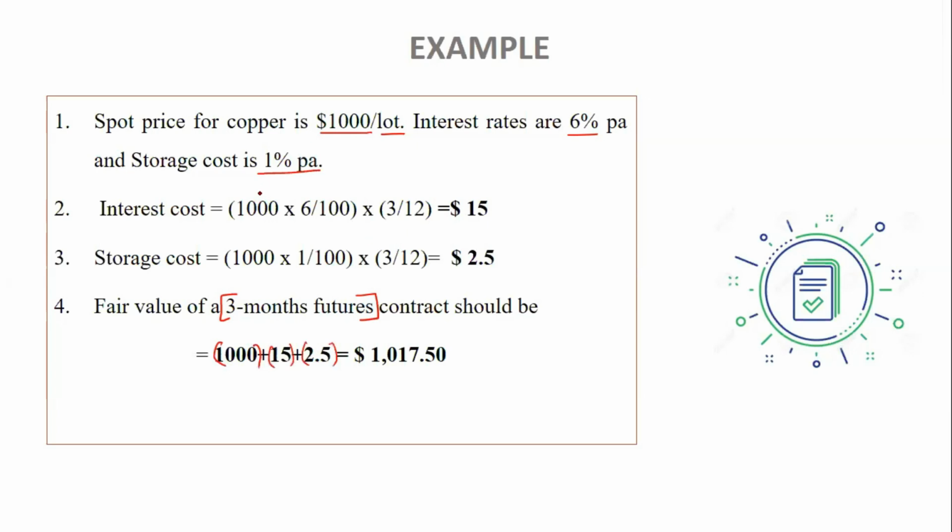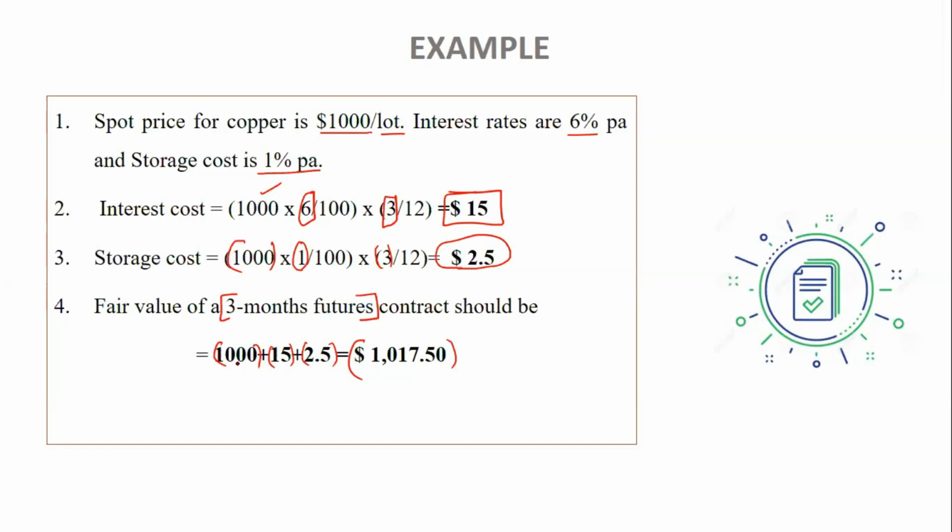For $1,000, a 6% interest rate for 3 months will give you $15. And regarding storage cost, 1% of the same $1,000 for 3 months will give you $2.5. So your total futures price will be 1,017.5.